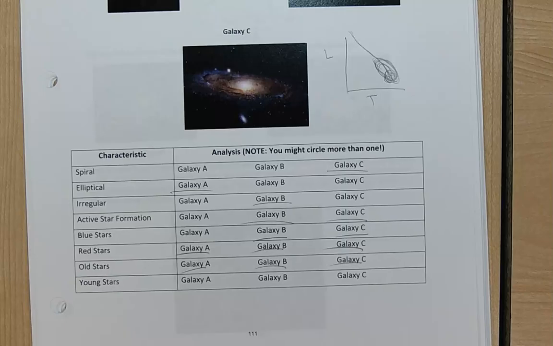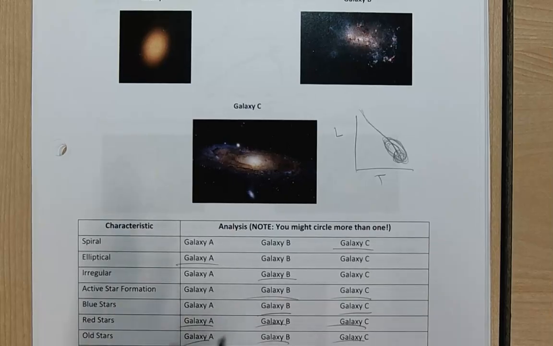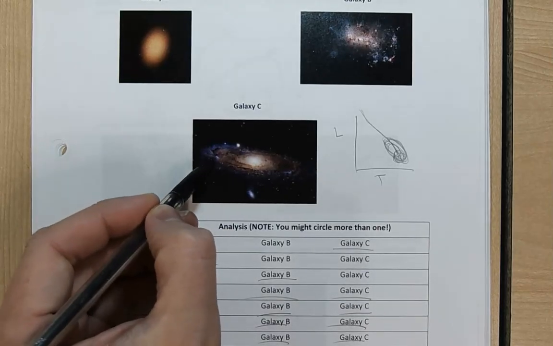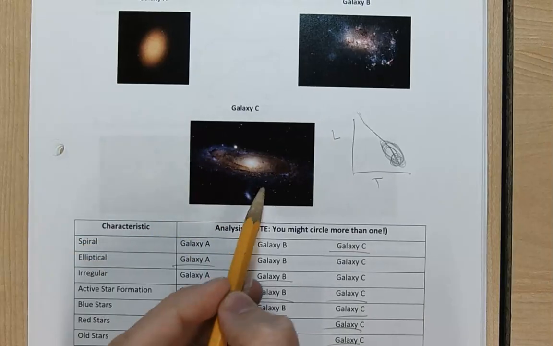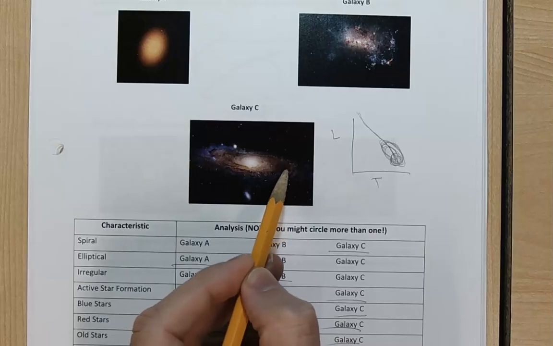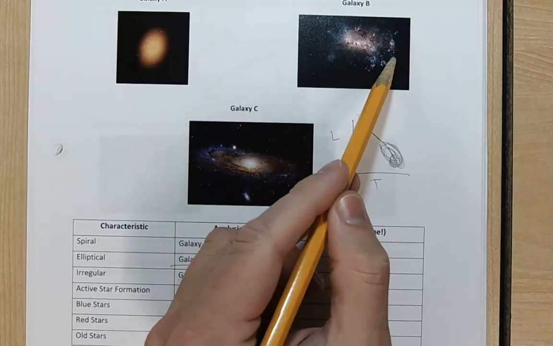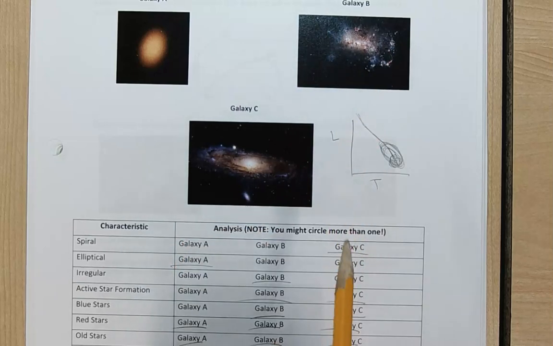How do you know if there's young stars? Well, a young population of stars is blue. So if you see a blue group of stars, like these over here, there's a whole bunch of blue stars in B. Why are those stars blue?